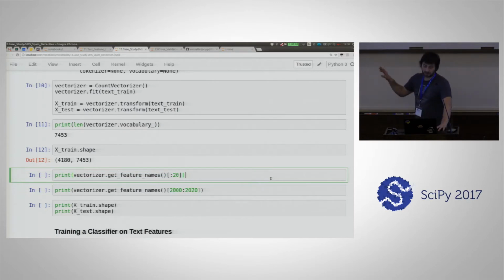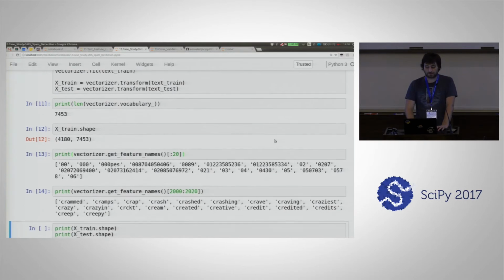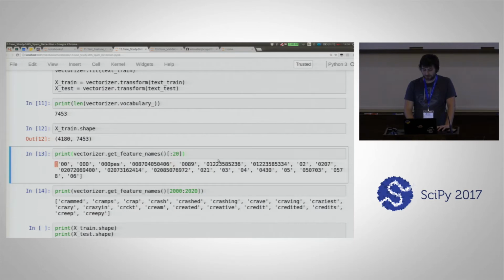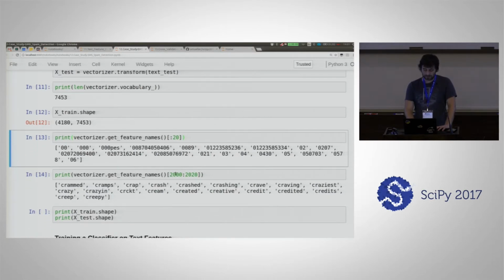It's also interesting to look at what features are actually extracted, so what are the words that are found. You can see that the first couple of words are all numbers. I guess some of them might be phone numbers even. I'm not sure how informative these are, and we could think about trying to get rid of them. If you look somewhere in the middle here, you can see that these are relatively normal English words.